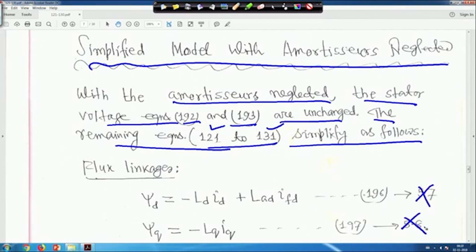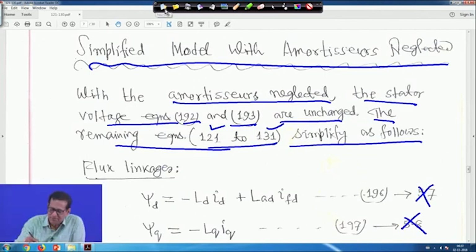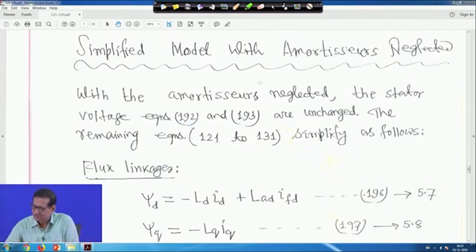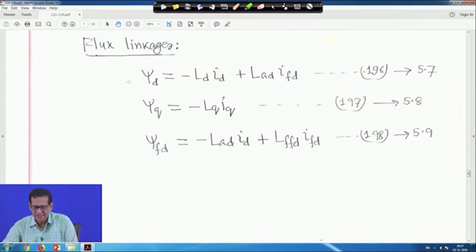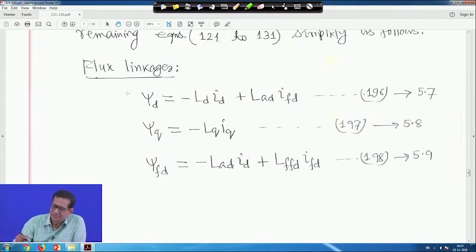this is for my reference, right. So, psi d is equal to, okay, let me move a little bit up. So, flux linkage first. psi d is equal to minus L d I d plus L A d I F d with amorphous neglected.